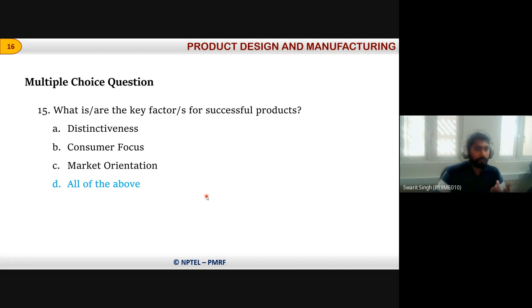And then market orientation is also a factor, whether there is demand for this in the market or not. If there is no demand for that particular thing and you produce that product, that will make the product unsuccessful in the market. These are the factors required for making a successful product.